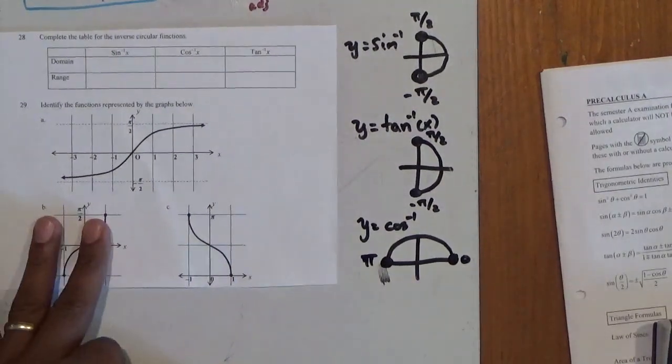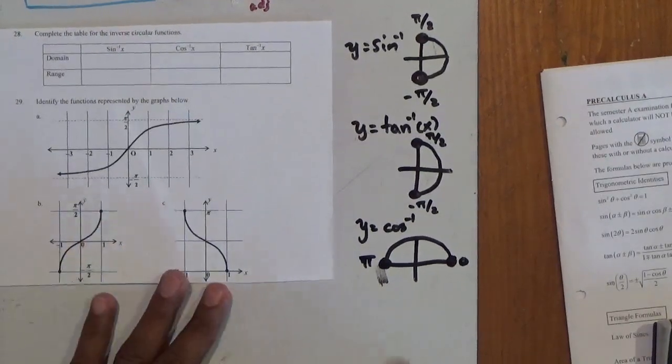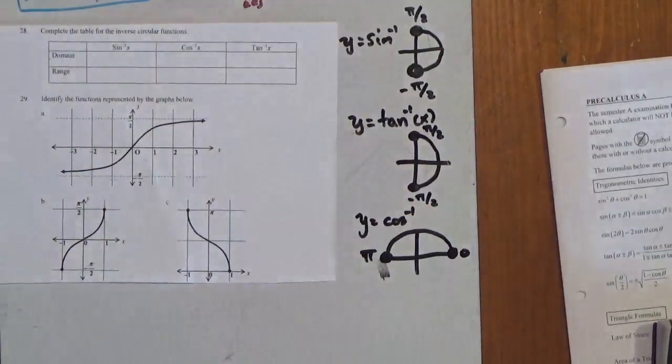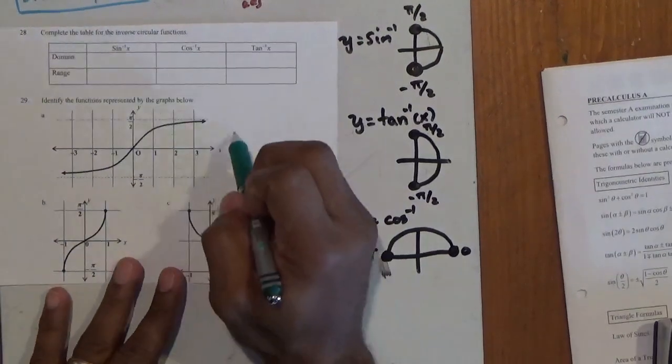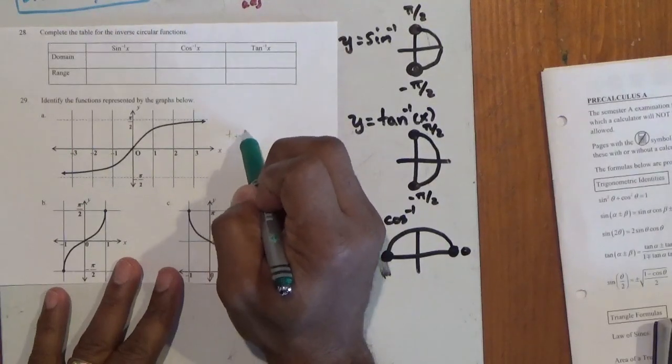Now, when we look at this, we know that the one that has the asymptotes is tangent. So we're kind of doing problem number 29. The one with the asymptotes is tangent, so this is tangent inverse.